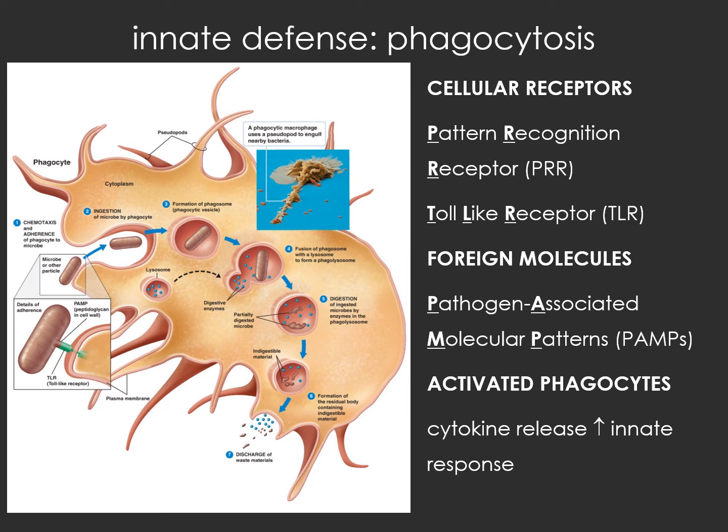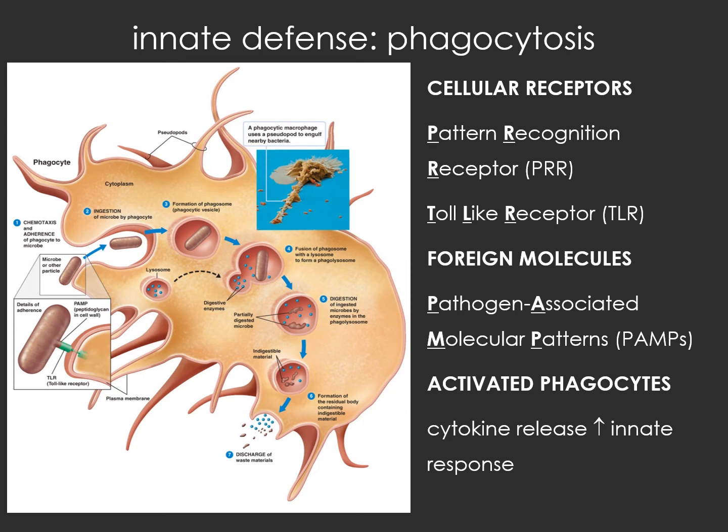The thing that that pattern recognition receptor binds is called a pathogen-associated molecular pattern, or PAMP. So PAMP, as you can see here on the bacterial cell, is bound by the toll-like receptor, and in this case, the pathogen-associated molecular pattern is peptidoglycan. So the bacterial cell's peptidoglycan is actually recognized by the phagocyte as foreign.